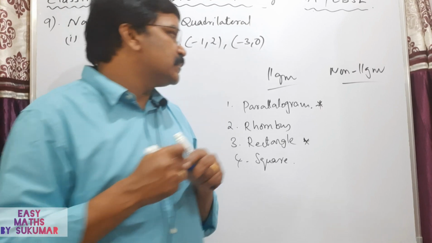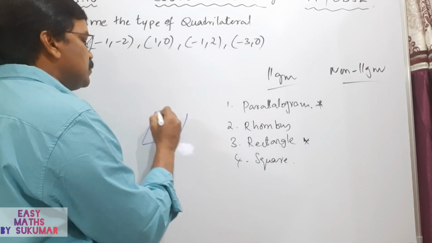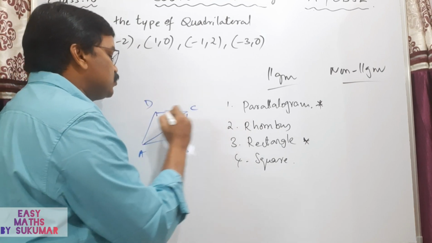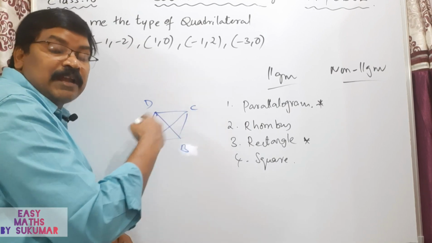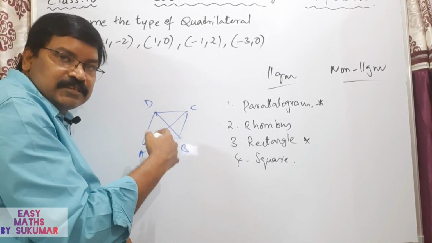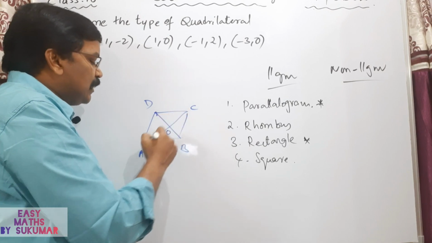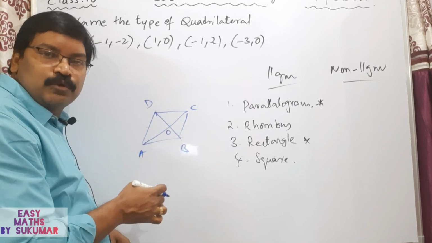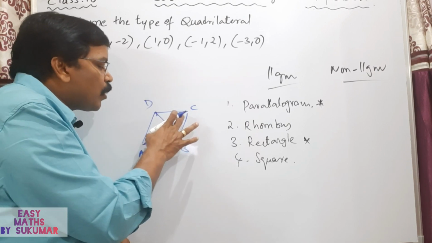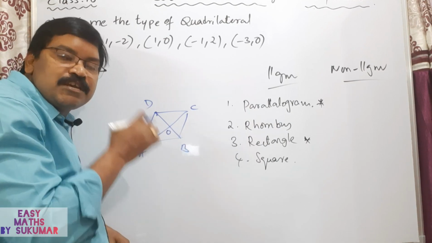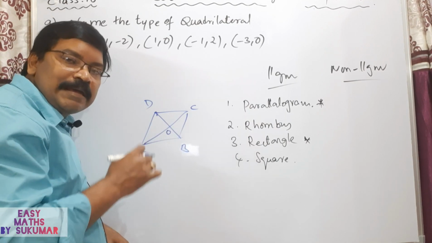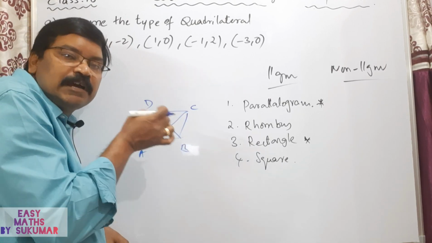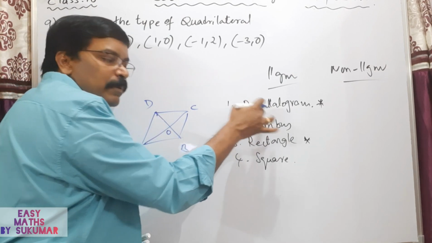Suppose ABCD is a parallelogram, the diagonals AC and BD bisect each other, so the lengths of AO and CO are equal, and BO and OD are equal. That means the midpoint of AC and the midpoint of BD are the same. That is the main property in a parallelogram.